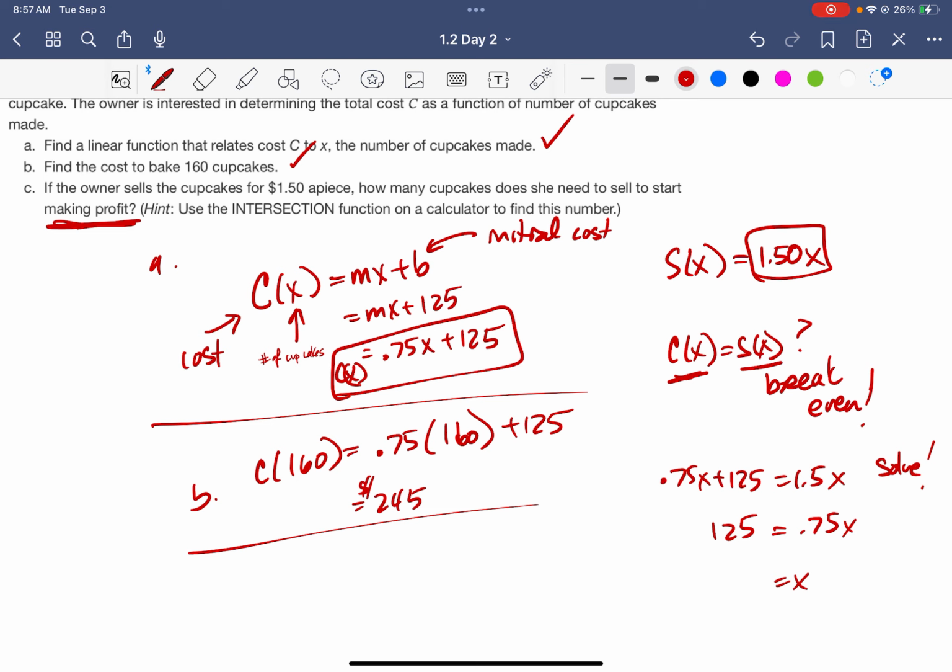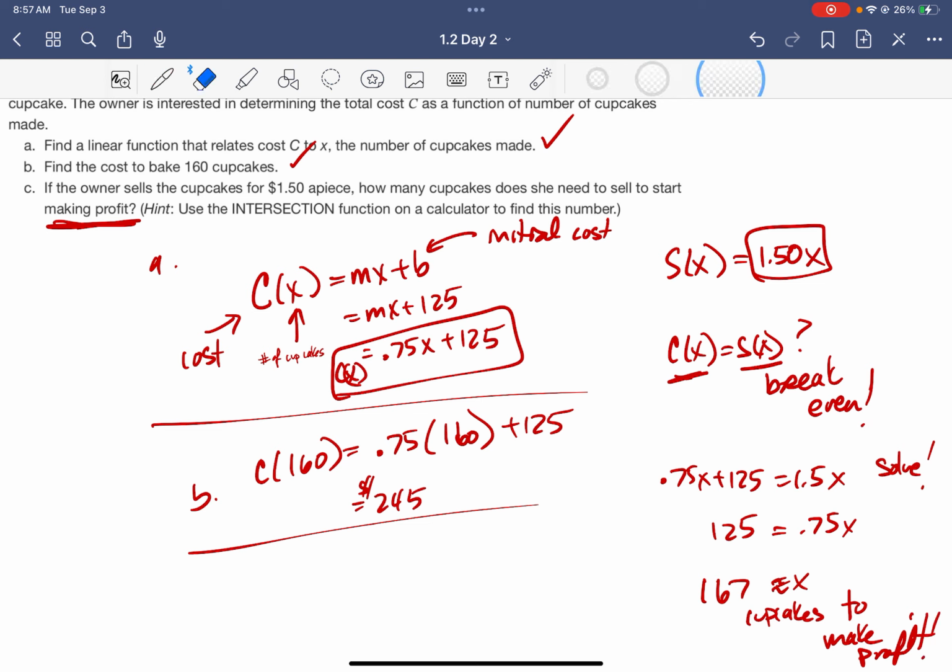So 125 divided by 0.75 means I'm going to have to sell approximately 167 cupcakes to make profit. Actually, it would be equal to, because we break even, so I'll put approximately. We break even at 166.66 repeating. So, 167, okay, for us.